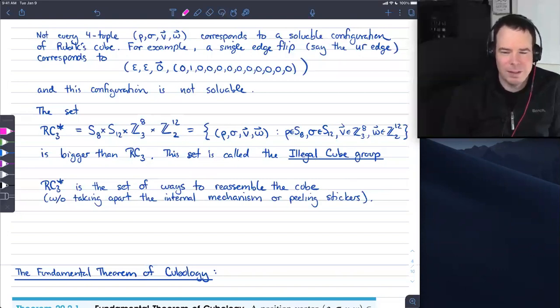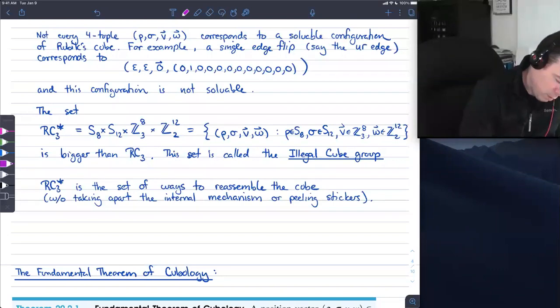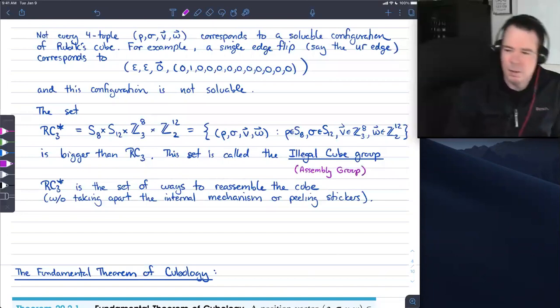In other words, it's the set of all possible configurations of the Rubik's Cube where the cube may have been taken apart and reassembled. These are the solvable ones plus all the other ways you can reassemble it. So this is called the illegal cube group, or what is often referred to as the assembly group, meaning it just represents all the ways you can assemble it.